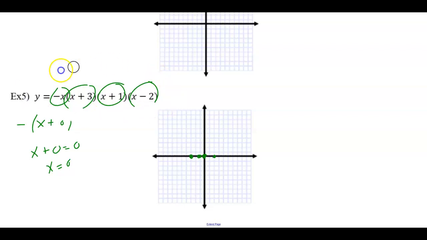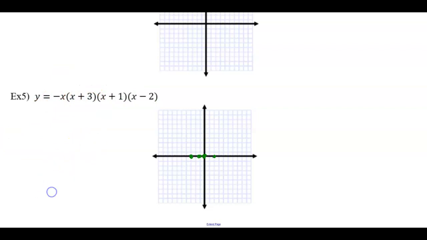And if I wanted to quickly review our degree and leading coefficient, if I multiplied all of these x's together, this would be a negative x to the 4th polynomial. So negative even, so our degree is an even 4. Negative even means it starts at the bottom and ends at the bottom. Okay, and then we're going to figure out in just a minute kind of what happens in between.